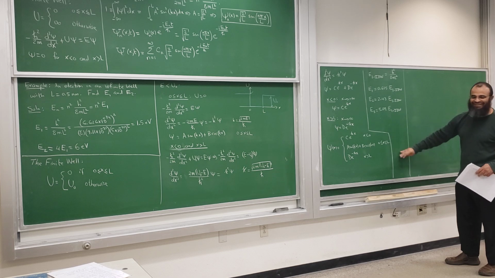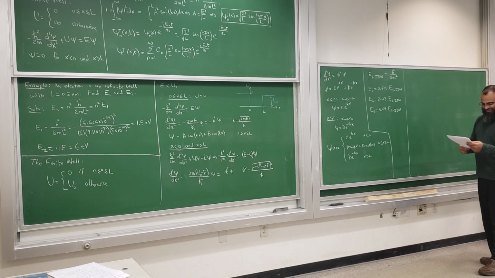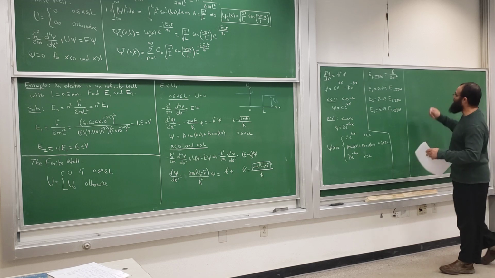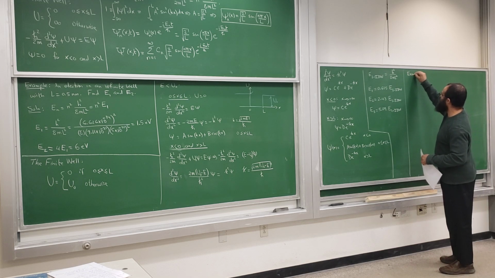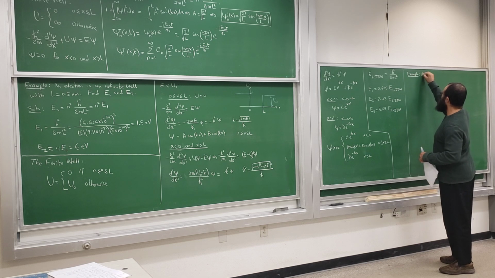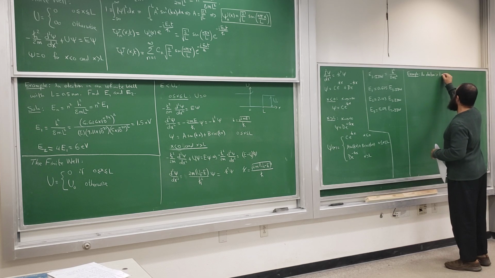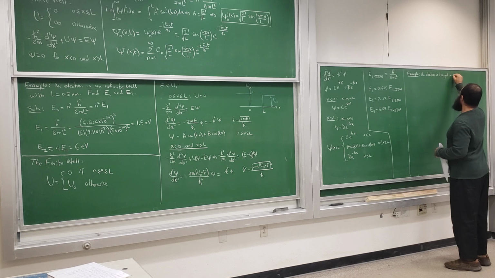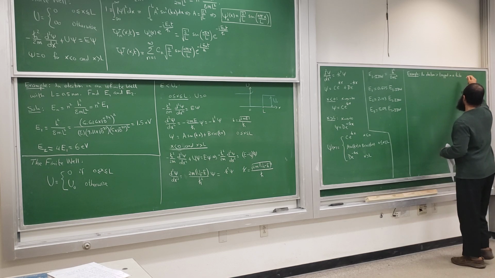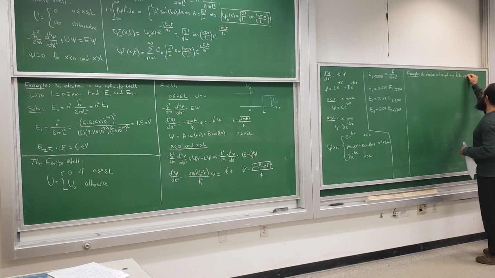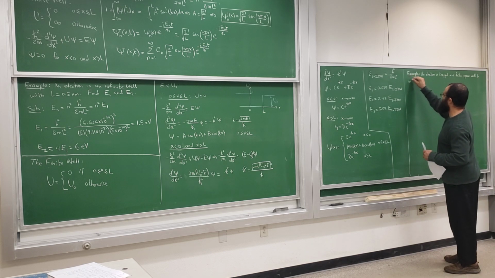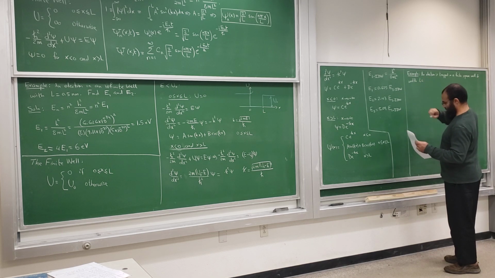An electron is trapped in a finite square well of width L equals 0.5 nanometers.